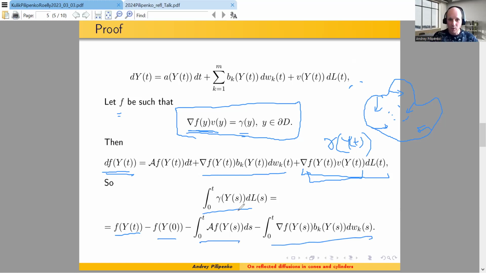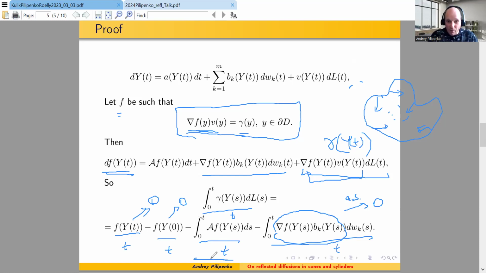And now divide this by t. And let me recall to you that the domain is bounded. So f of y is bounded. f of y of 0 is bounded. So this converges to 0. Everything is bounded here. So this martingale divided by t converges to 0 almost surely.